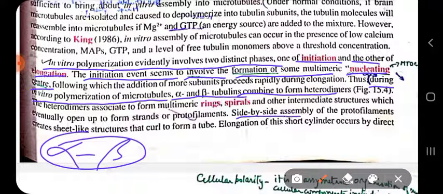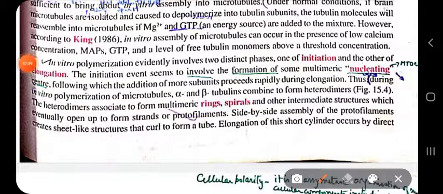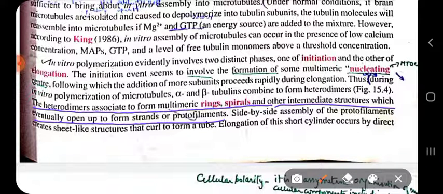These heterodimers now assemble to form ring or spiral like structures. This heterodimer associates to form multimeric rings, spiral in structure, and other intermediate structures which eventually open up to form protofilaments.